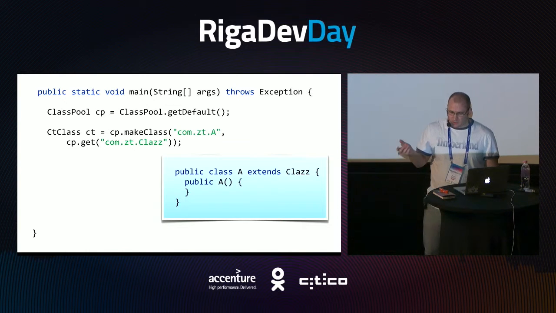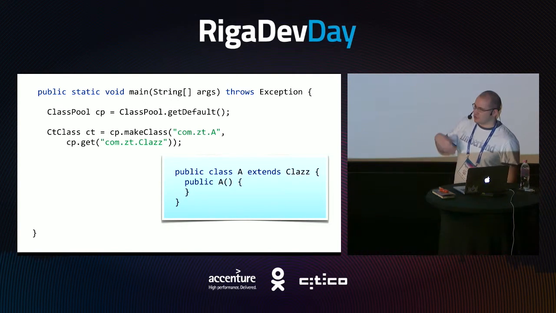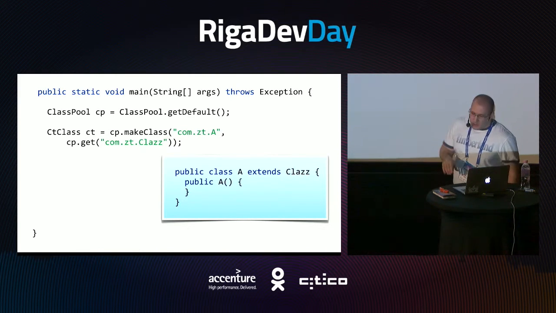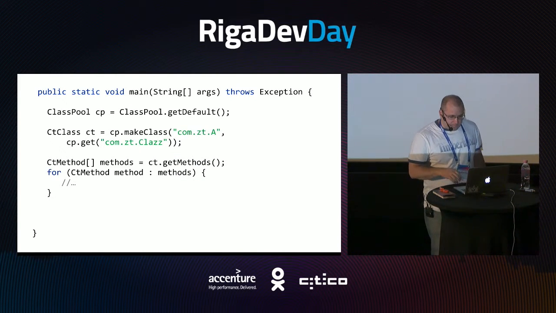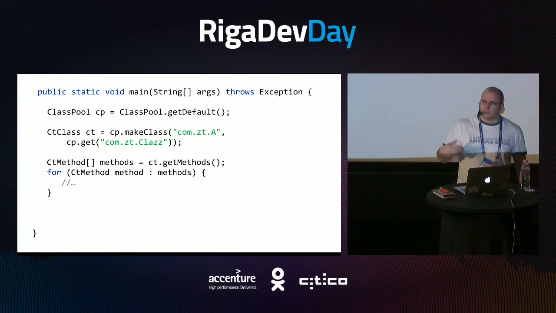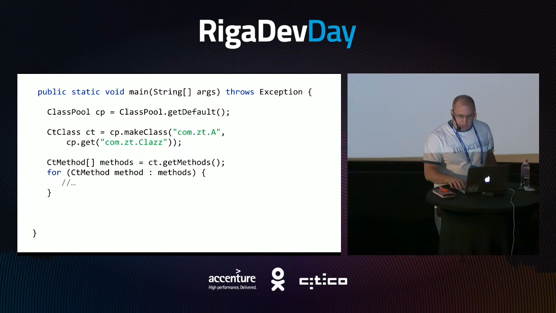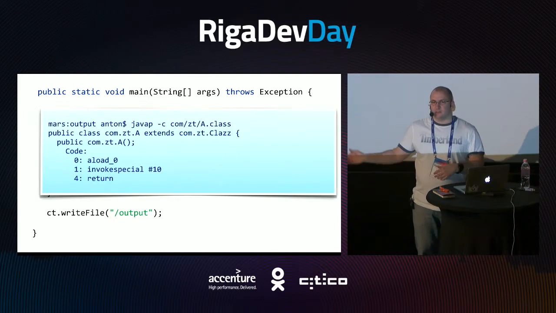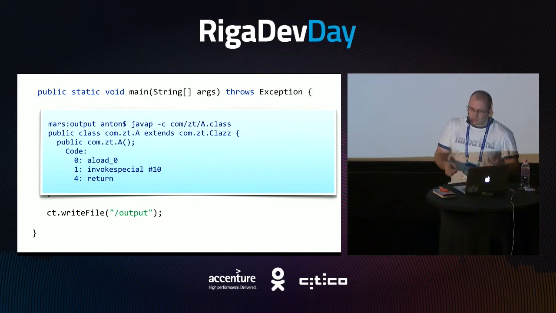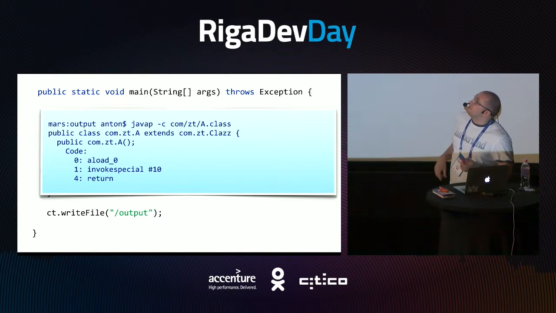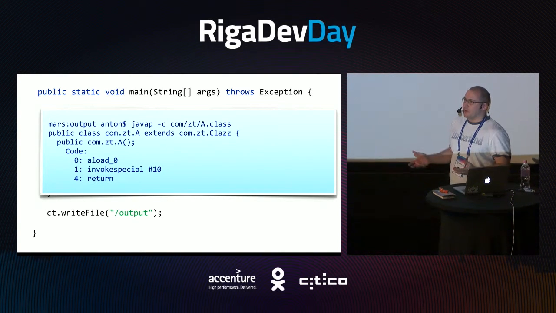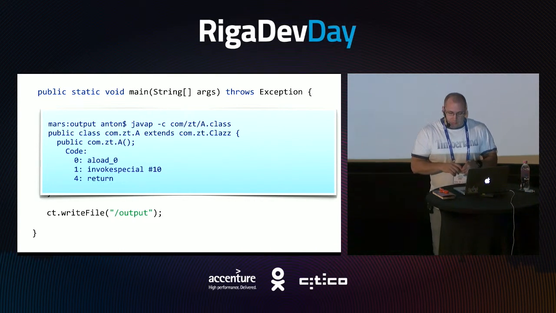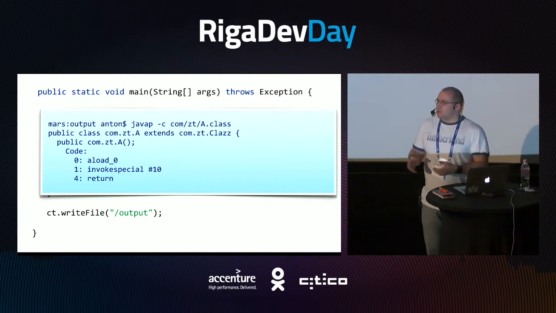And I'm saying that I want this to extend some other class that actually exists in the classpath. So the result is here. From there, I can get access to the methods, iterate over them, instrument them, and so on. Once I have done all the manipulations, I can write out the bytes somewhere in the file system. And I can decompile whatever I have created, the generated class, and I will see perfectly valid bytecode, like a normal compiled Java class.